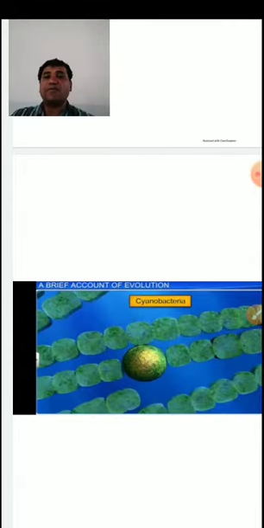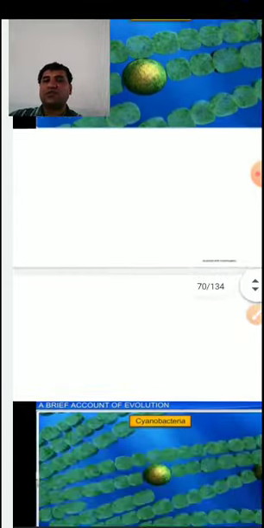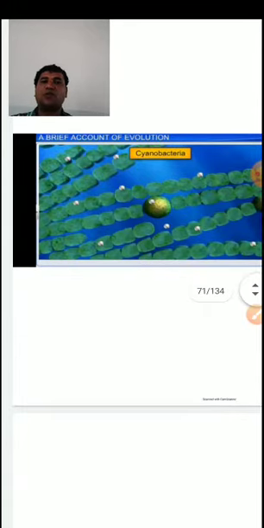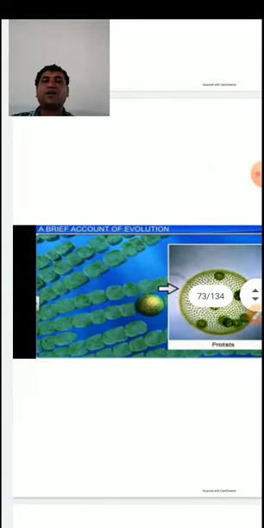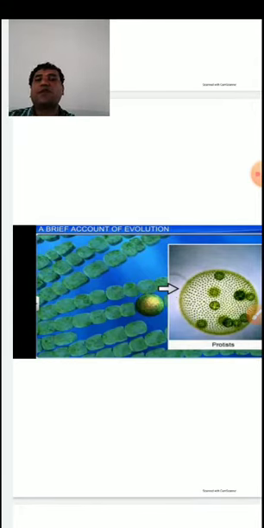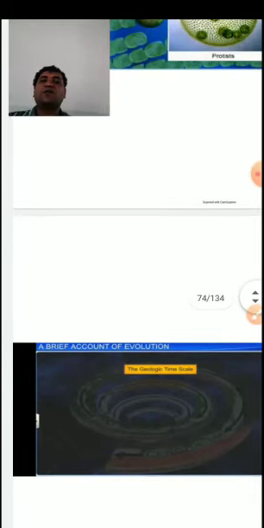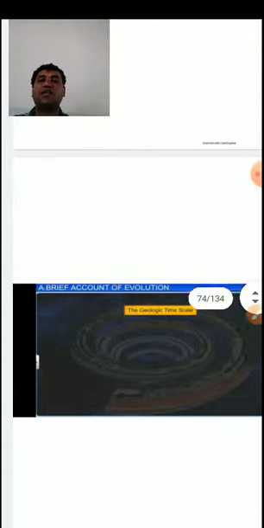And coming on to a brief account of evolution, the evolution approximately occurred from chemoheterotrophs to blue-green algae to protists, and the time span in which the organisms evolved on this earth surface, from the life starting to now, is called the geological time scale.